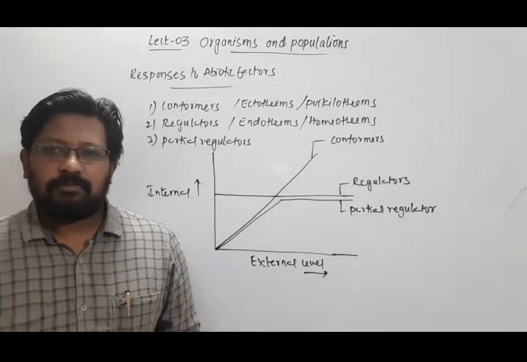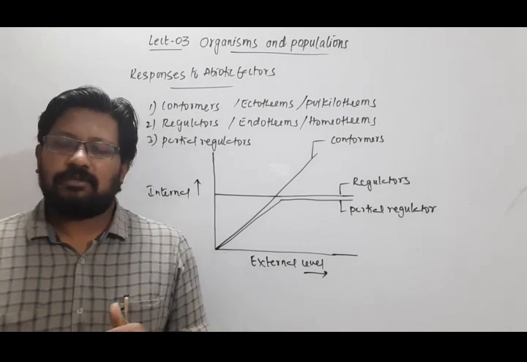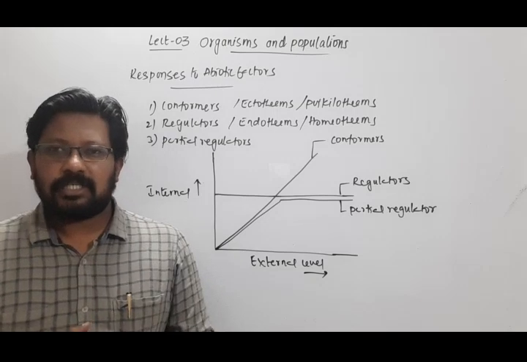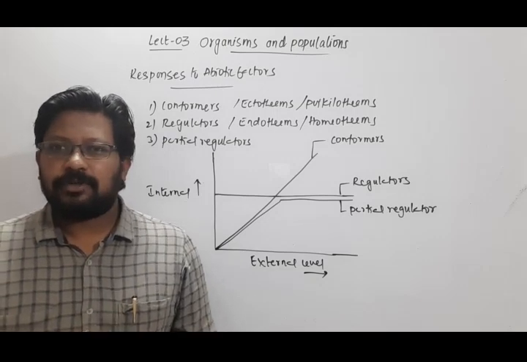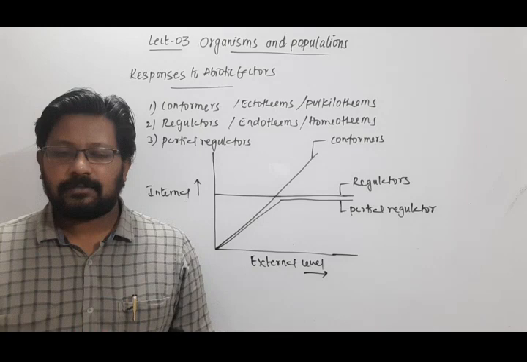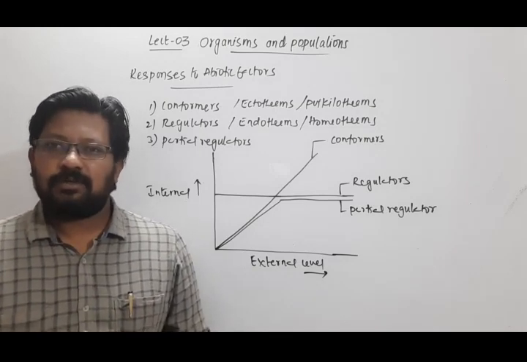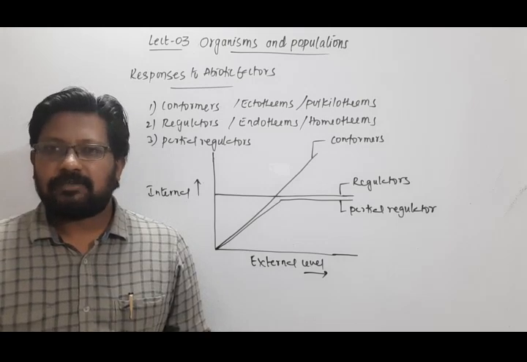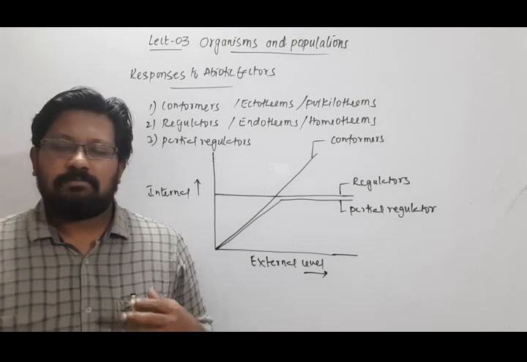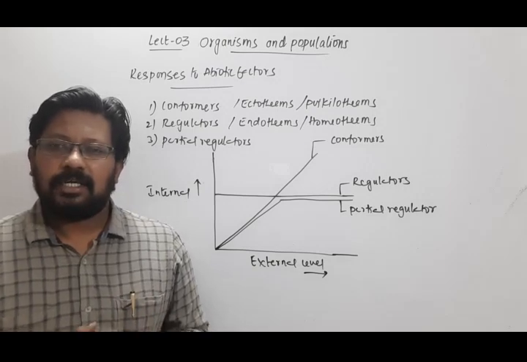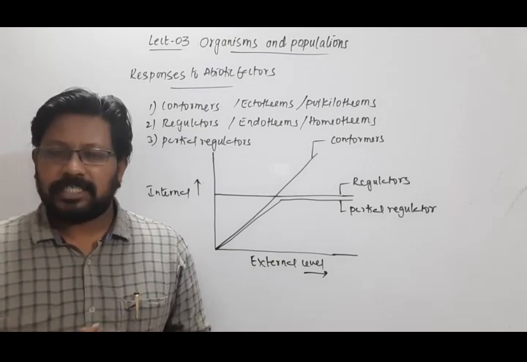When the internal temperature rises to, say suppose, 40 degrees Celsius, till then they are not going to produce any sweat. Of course, the production of sweat actually cools the body surface. The evaporative mechanism of sweat will actually try to bring down the body temperature.